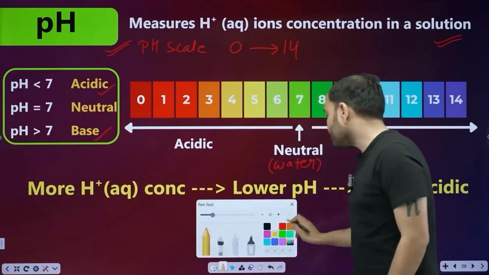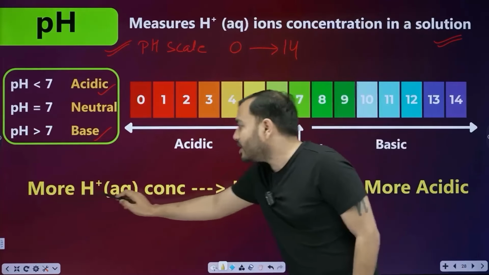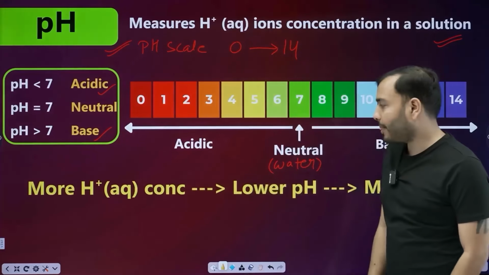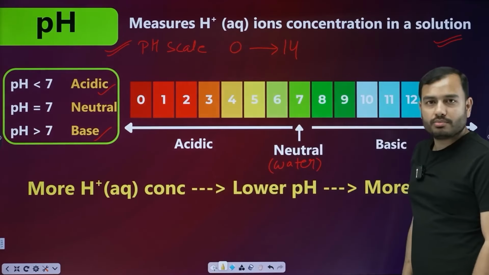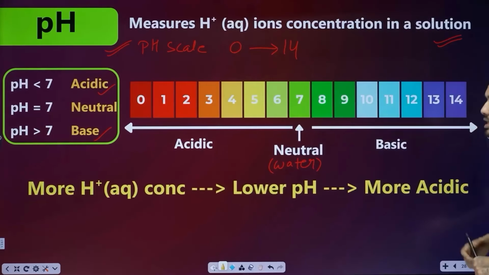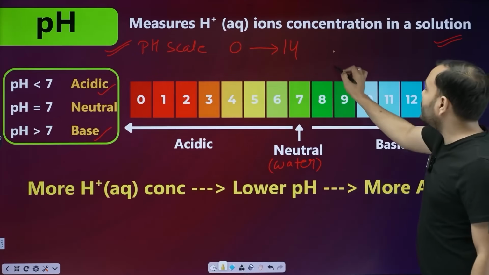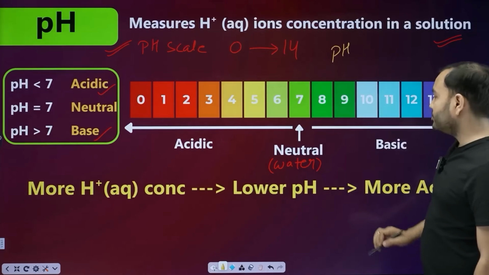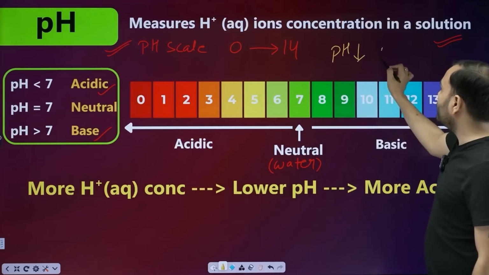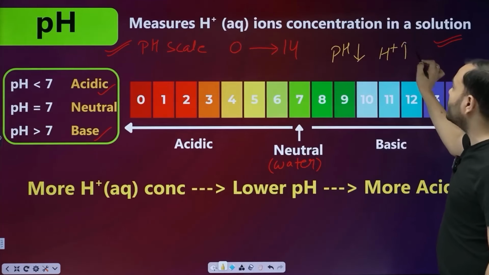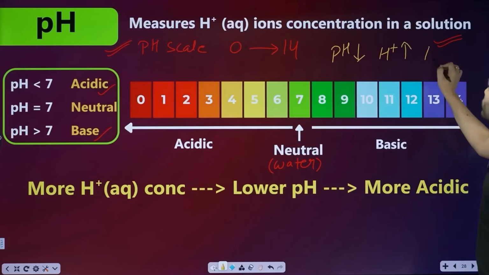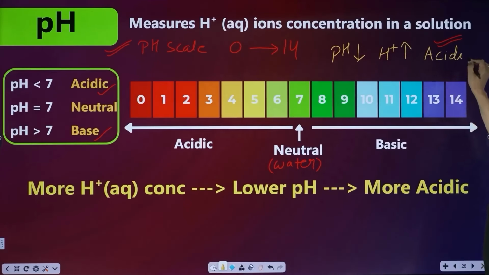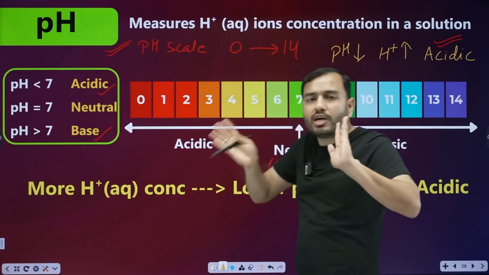Now understand one more thing. The more the H plus concentration, the lower the pH, and the more acidic that thing is. The lesser the pH value, the higher the concentration of H plus. So pH and H plus are quite opposite.